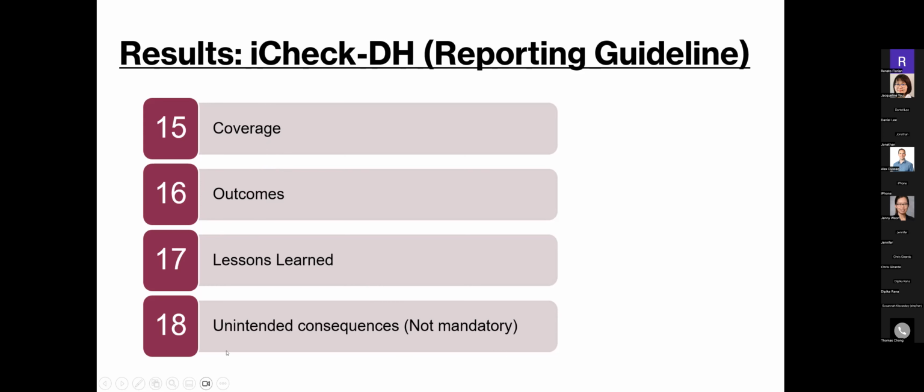Unintended consequences is the one section that's not mandatory from iCHECKED, but practically, many journals are looking for it, because it really helps with planning and being more honest about how your tool functioned at your institution.